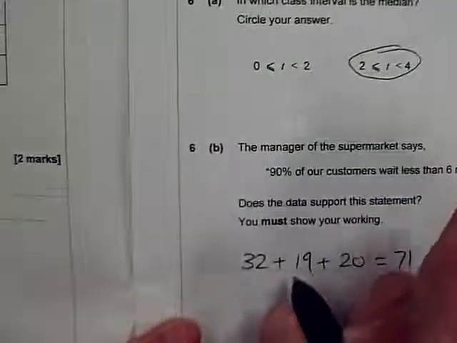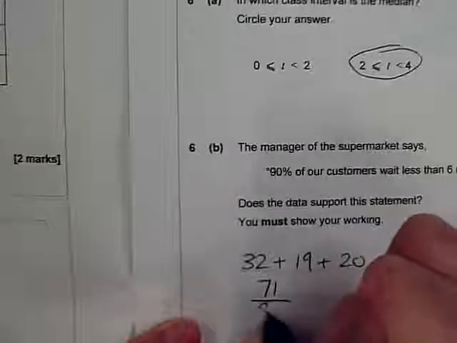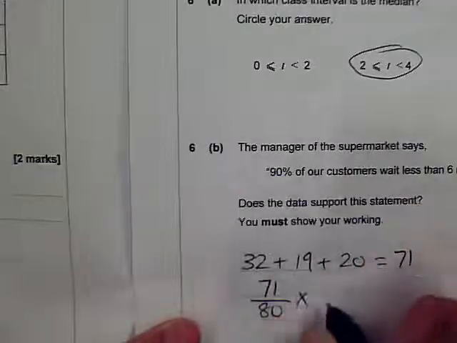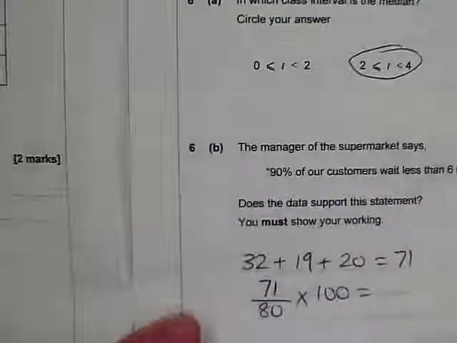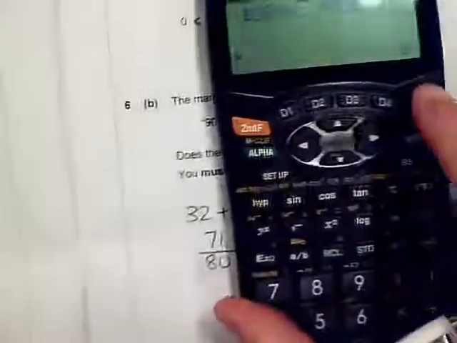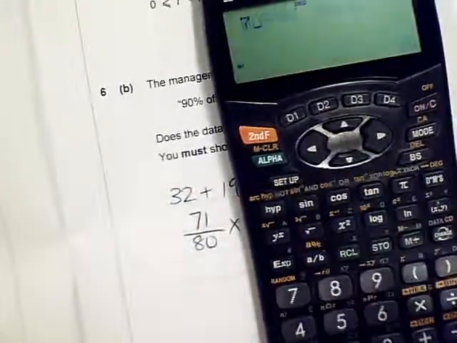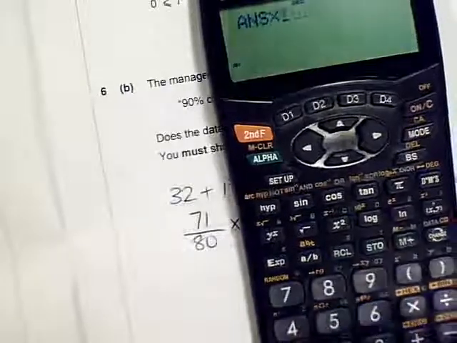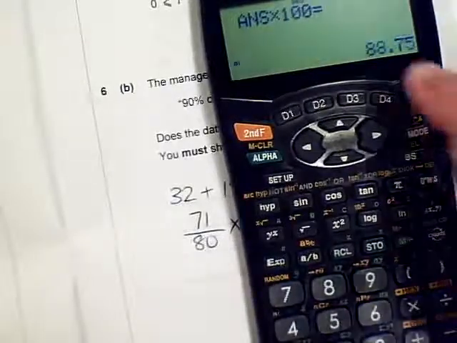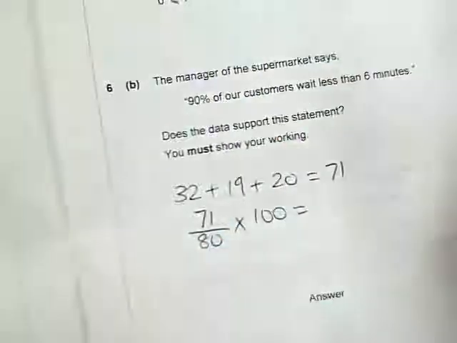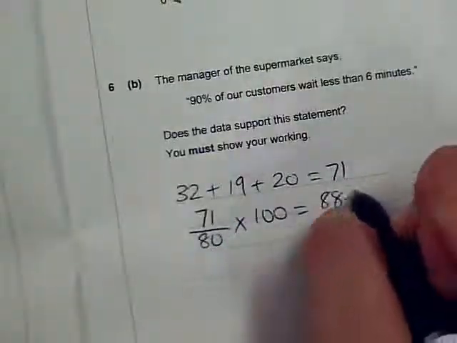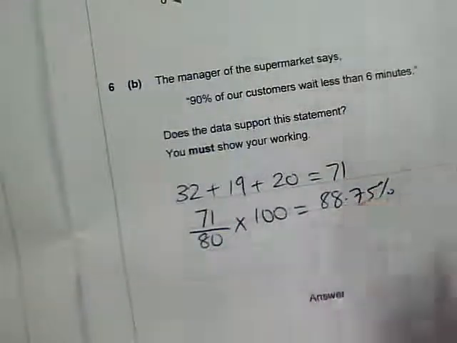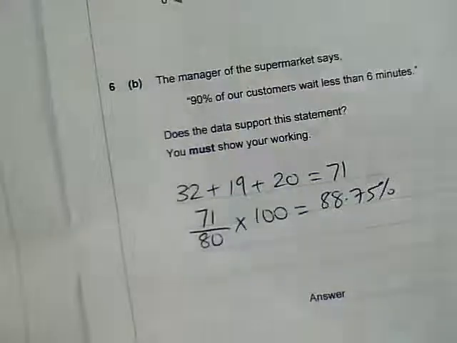So by working out the percentage of people who waited less than 6 minutes, so 71 out of 80 multiplied by 100, gives 88.75. So that means 88.75% waited 6 minutes or less.